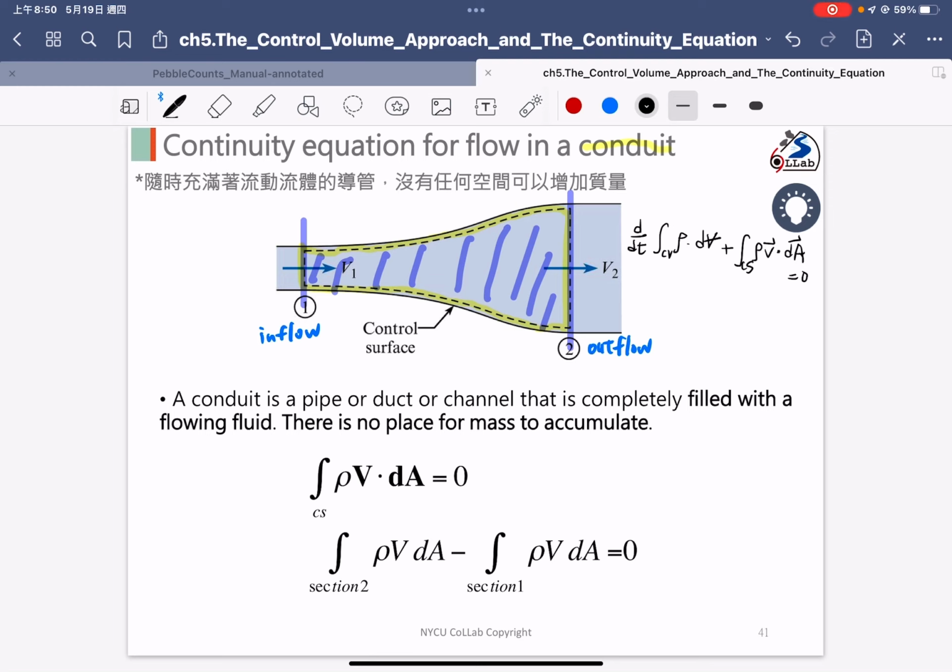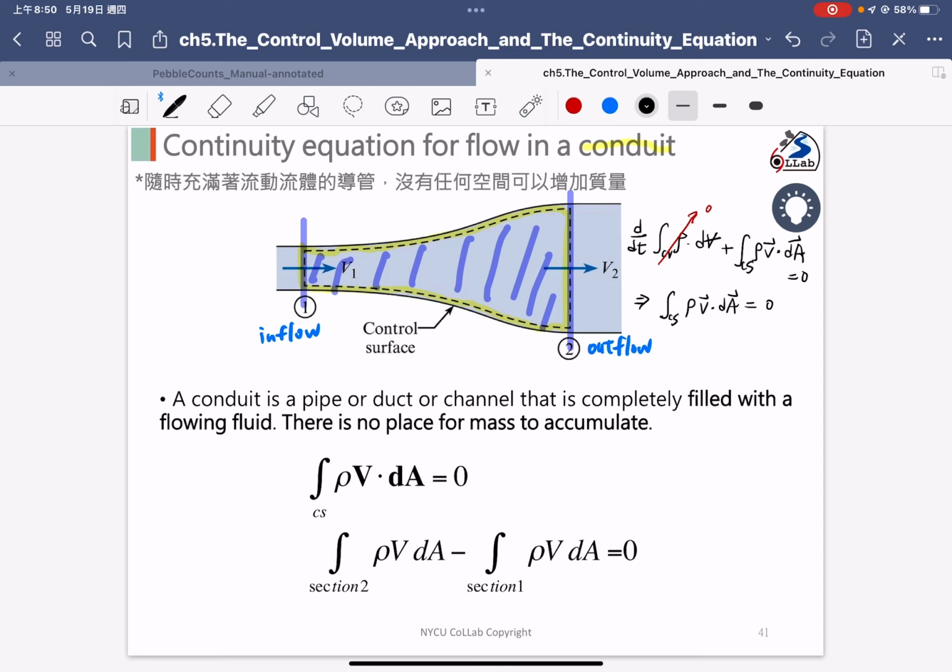But in the conduit, as I said before, the mass in the control volume doesn't change with time, so we don't have this item. Okay, so for the continuity, finally we only have the integration along the surface, with rho v vector dA vector, and it will equal 0.